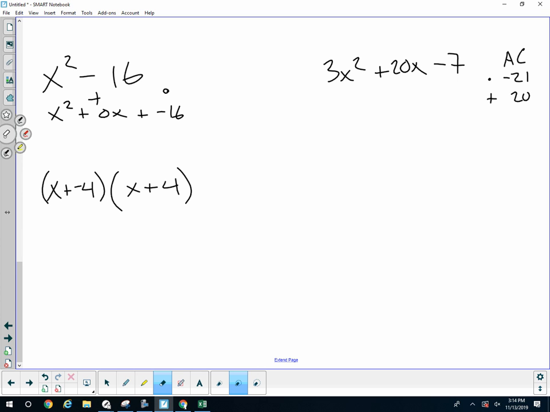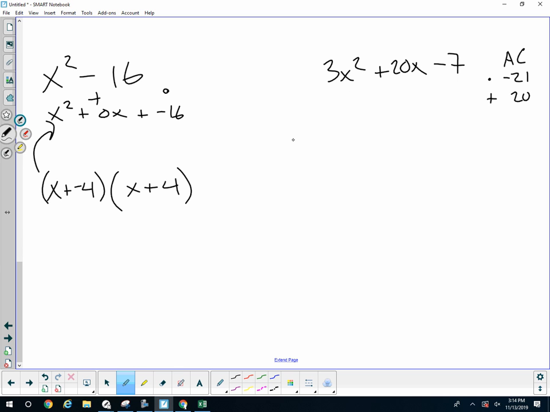Nope. But I know how to do it. Well, but you understand distribution. You understand that this is x squared, 4x, negative 4x, negative 16, right? You should understand how you can go straight from here to here, so that you're looking for two numbers that are just adding to get 0 and multiplying to get negative 16.